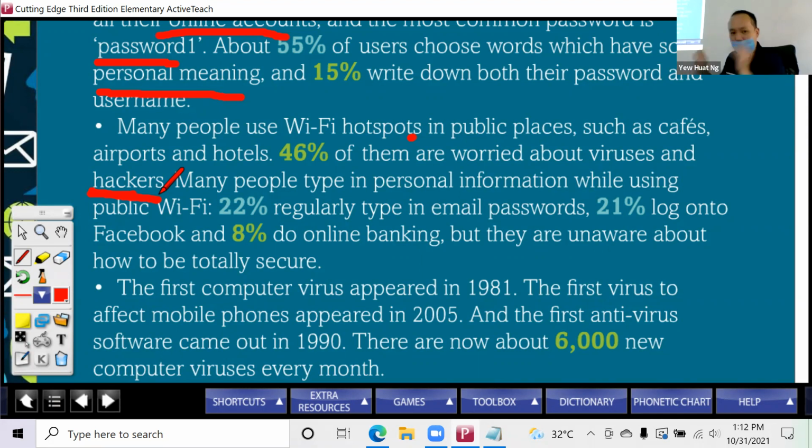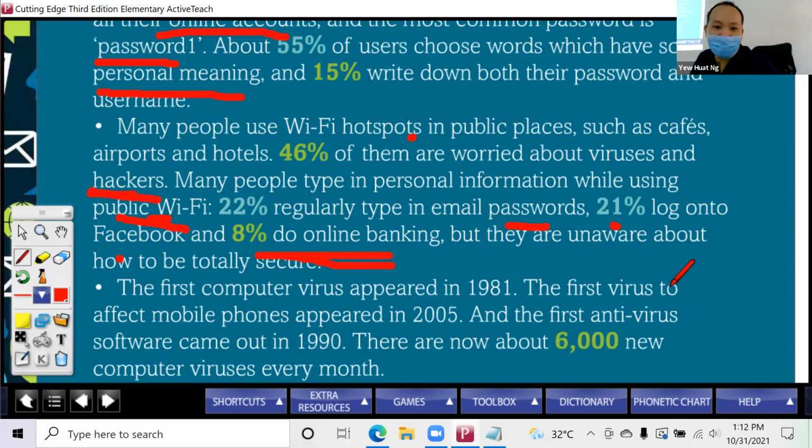Many people type in personal information while using public Wi-Fi. Do you do that? Type in email, passwords. 21% log onto Facebook, 8% do online banking. Do you do that? Use public Wi-Fi to do online banking? No, I did it before, a long time ago.